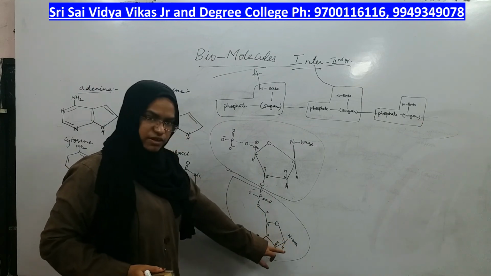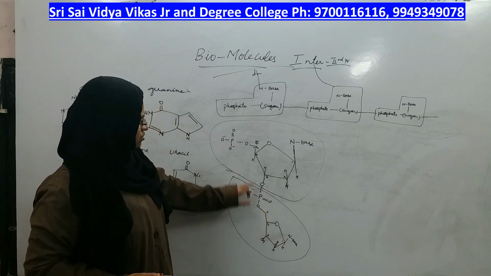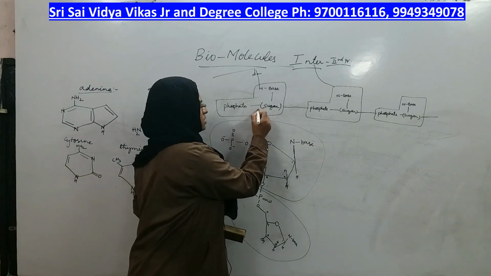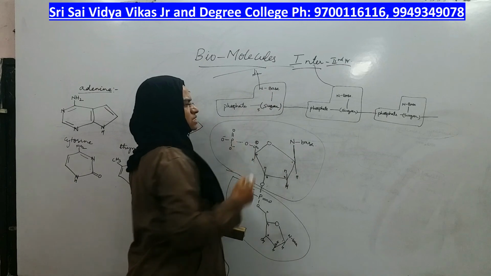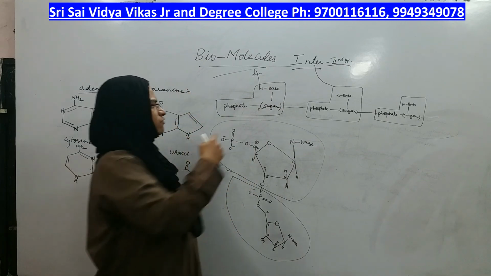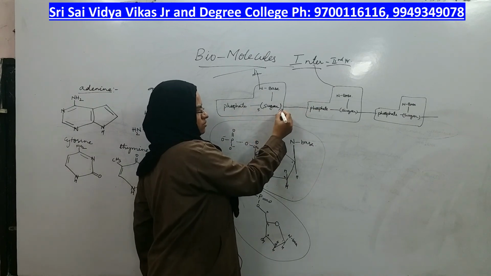Here also I have numbered 1, 2, 3, 4, 5. The fifth carbon is attached to phosphate, and the first carbon is attached to the nitrogen base, right? So how will they form a bond with the next nucleotide? With the third carbon.